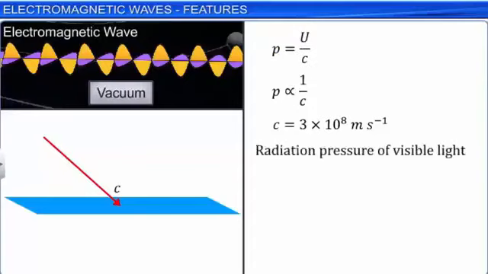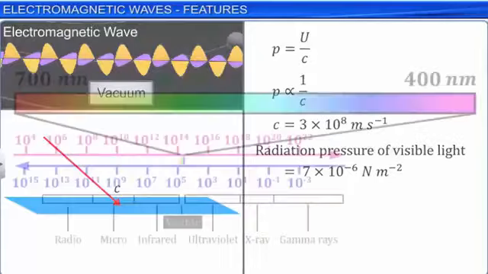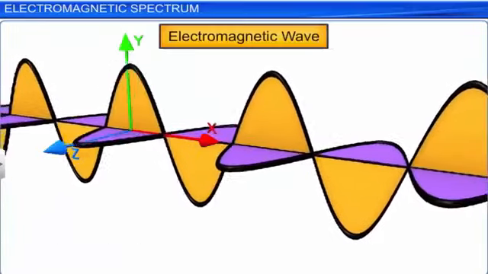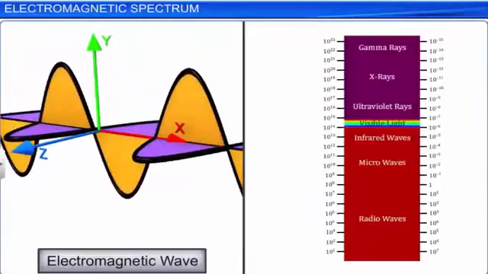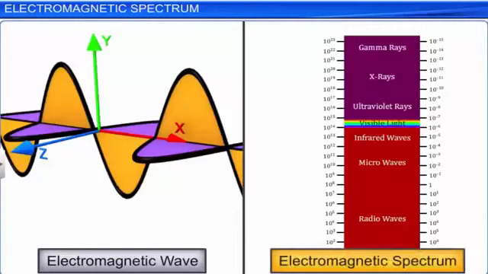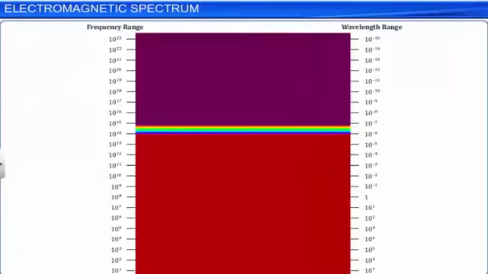Different types of electromagnetic waves that carry energy and momentum are useful in various applications, which we will discuss in the other module. There are different kinds of electromagnetic waves in nature. The arrangement of these electromagnetic waves in accordance with their increasing or decreasing order of frequency or wavelength is called the electromagnetic spectrum. The electromagnetic spectrum broadly contains 7 different kinds of electromagnetic waves.